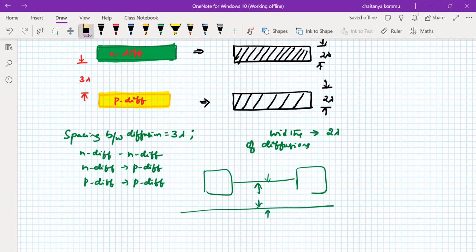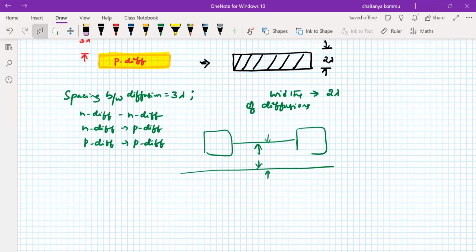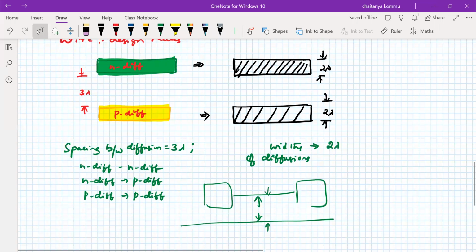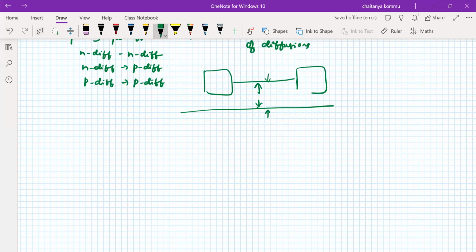Next, similarly, the red is meant for polysilicon. So we have to maintain the polysilicon also at 2 lambda. What is the minimum width of the transistor? A 2 lambda width that we have to maintain for polysilicon.